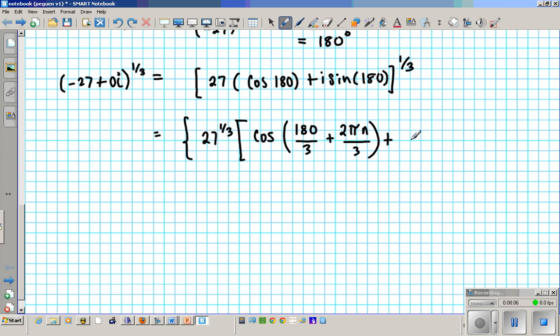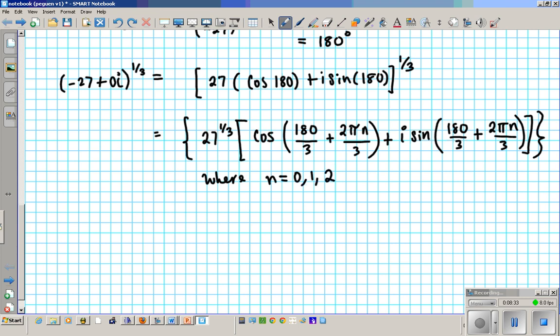This is the real part. The imaginary part is i sine 180 over 3 plus 2 pi n over 3, like that. Close that, and your squiggly bracket, where n goes from 0 all the way to 2. Okay? 0, 1, 2 will give us the 3 complex roots that we need.